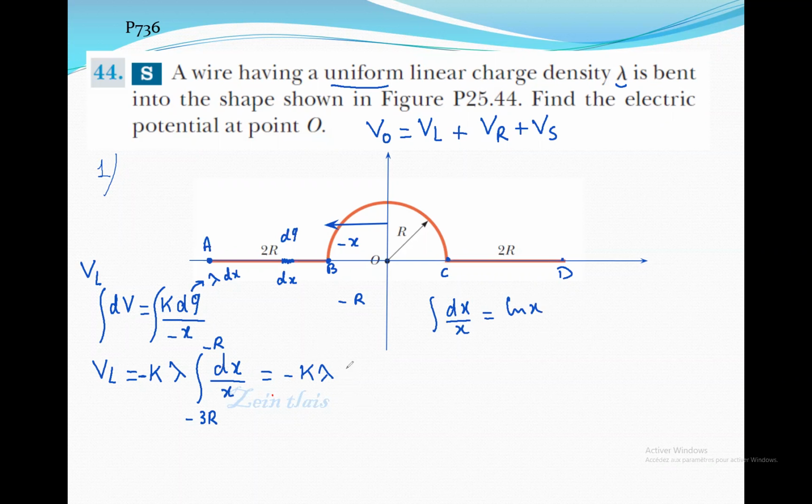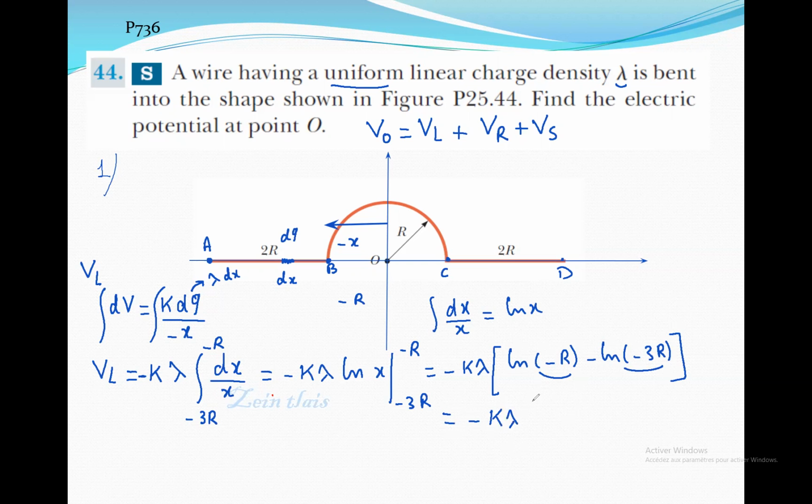So we have ln x between minus 3R and minus R, equals to minus k lambda, ln minus R minus ln minus 3R. ln A minus ln B equals to ln A over B. So we can write minus k lambda ln of minus R divided by minus 3R.